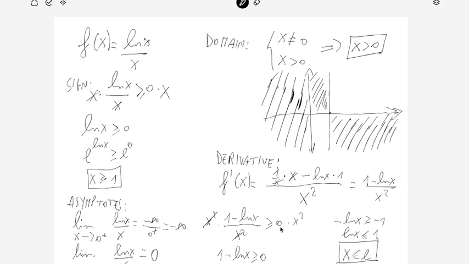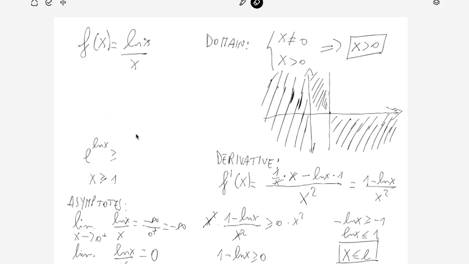So, the derivative is positive when x is smaller than e, and the derivative is negative when x is greater than e.